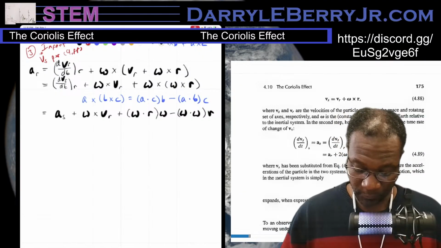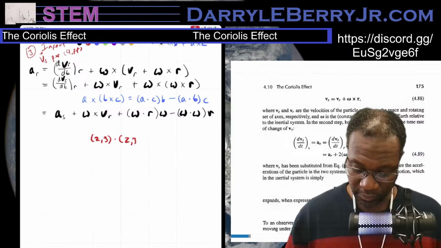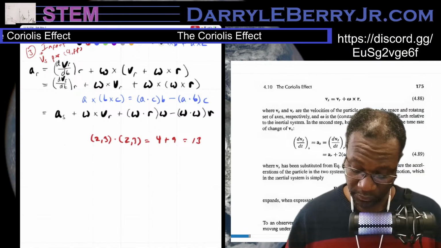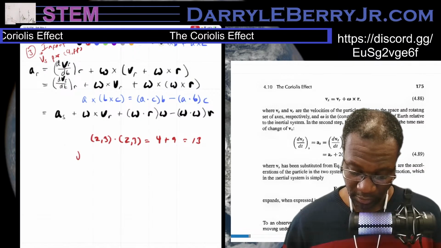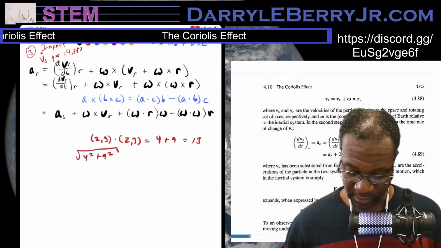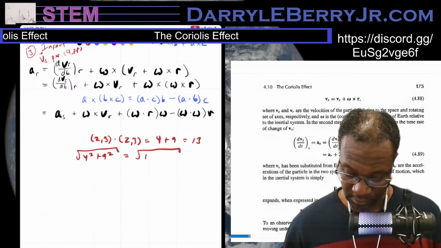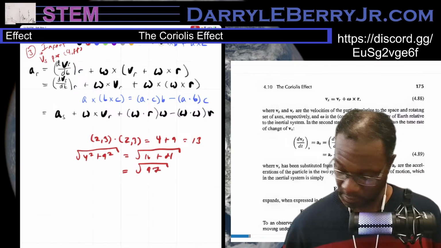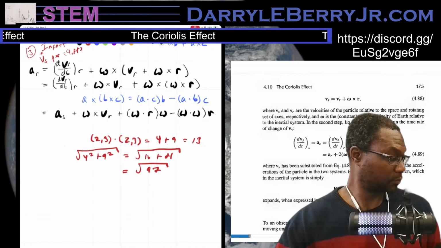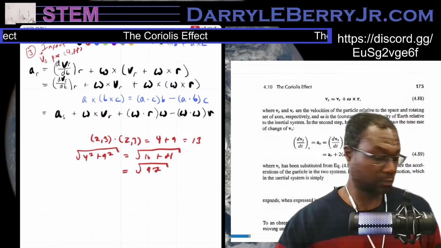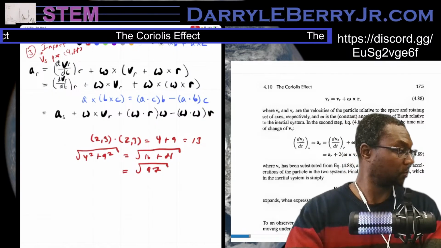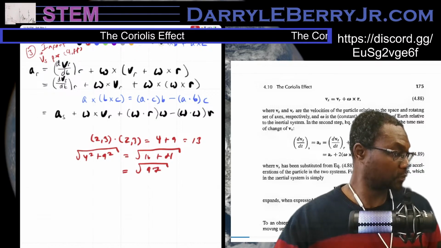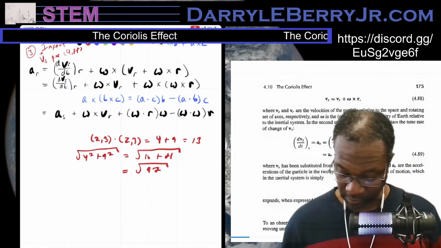See if I have 2, 3 dot 2, 3. That's square.